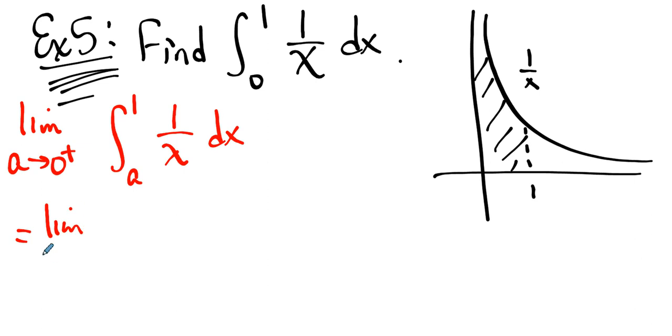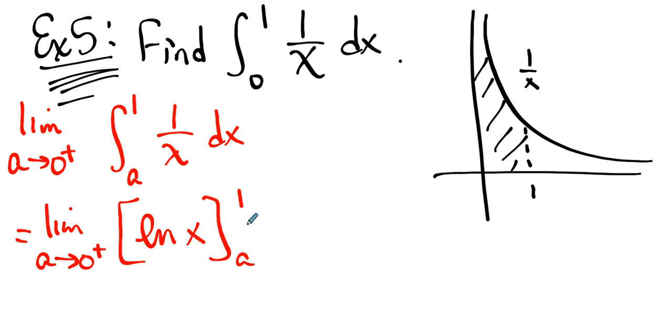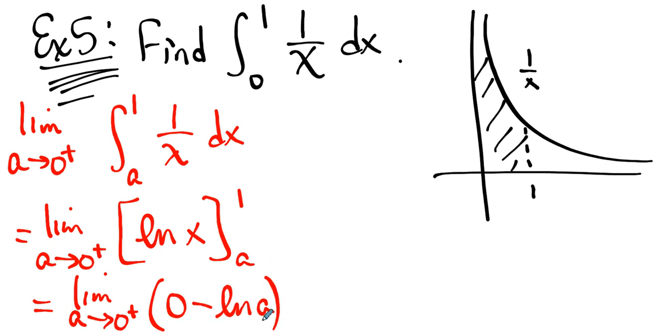Well, what's that? Well, the antiderivative of 1 over x is ln of x from A to 1. Don't need absolute values because both of those are positive. So we substitute the 1, we substitute the A. And then we think about what happens to this thing as A gets closer and closer to 0 from the right.